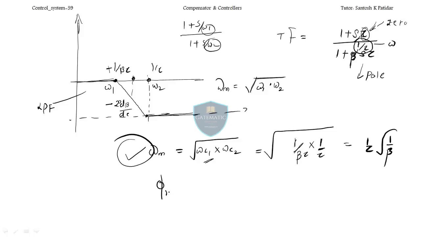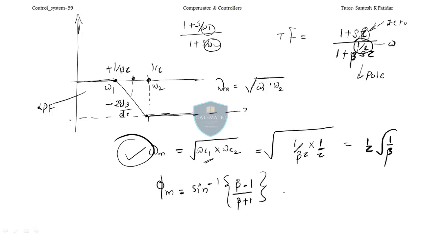And if I talk about the maximum phase, you can draw the phase plot also. I'm leaving that for you, though that is not important. So directly I'm writing for you: phi m is sine inverse of (beta minus 1) divided by (beta plus 1).